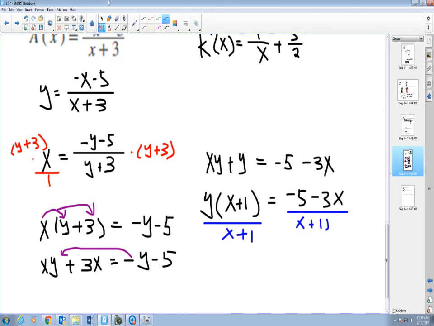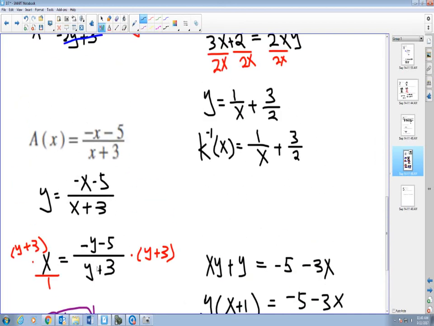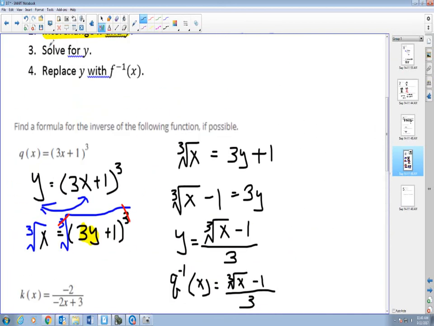Alright, so my y is going to equal, or my inverse function will equal, negative 5 minus 3x, or you can put the negative 3x in the front, negative 5 on the back, over x plus 1. Okay, alright, that's how we find its inverse function using the formula over here.